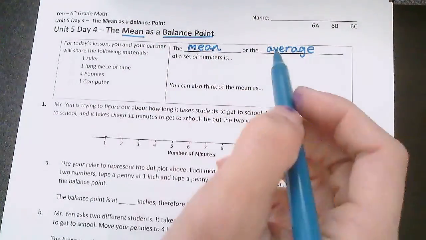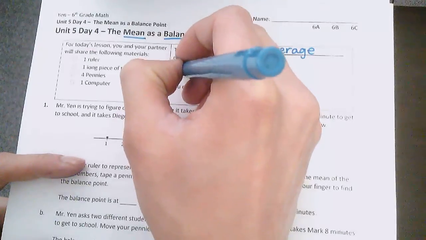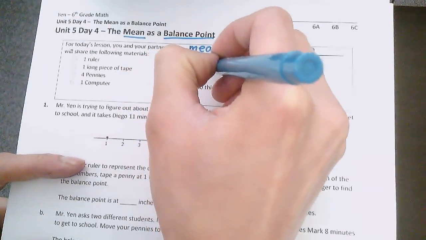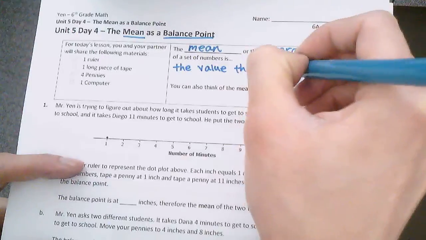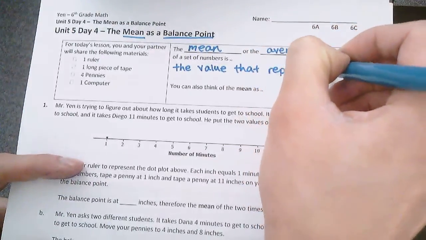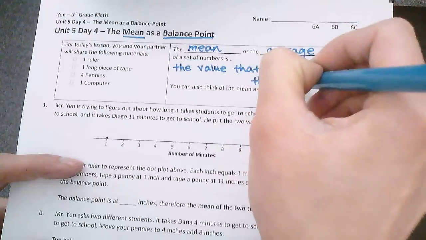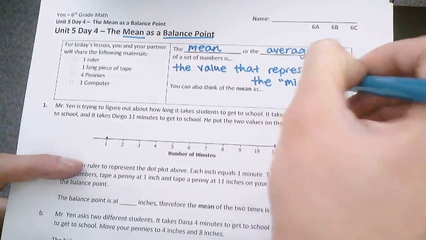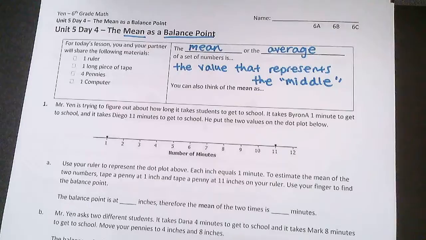So the mean of a set of numbers is the value that represents the "middle", and I want you to put middle in quotes, because it might not be the actual number that's right in the middle.